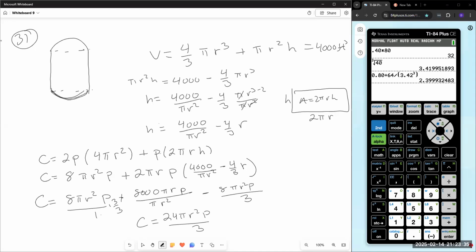Let's get rid of that. Minus 8 pi r squared p over 3 plus 8,000 p over r.